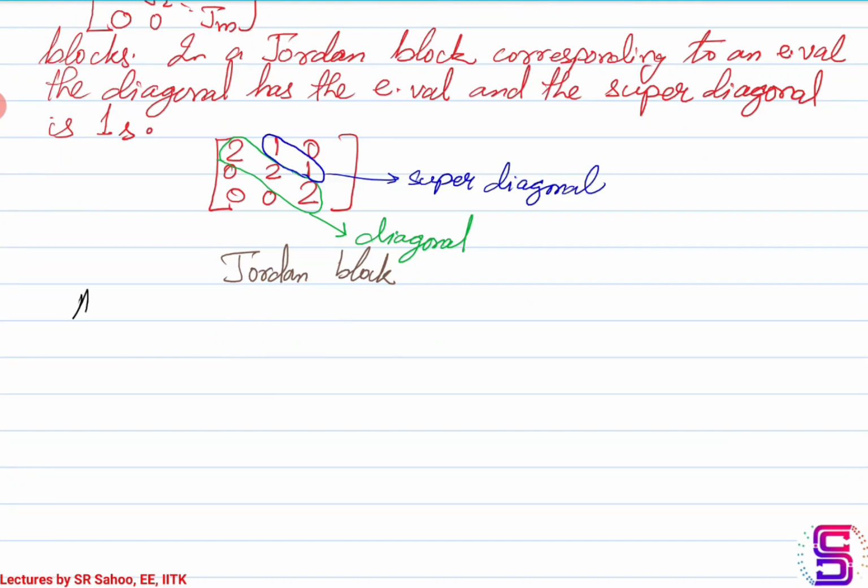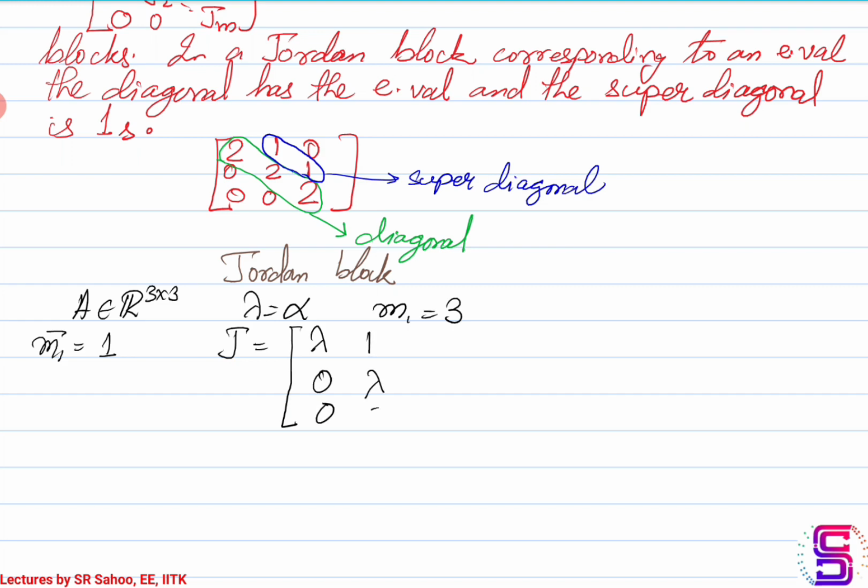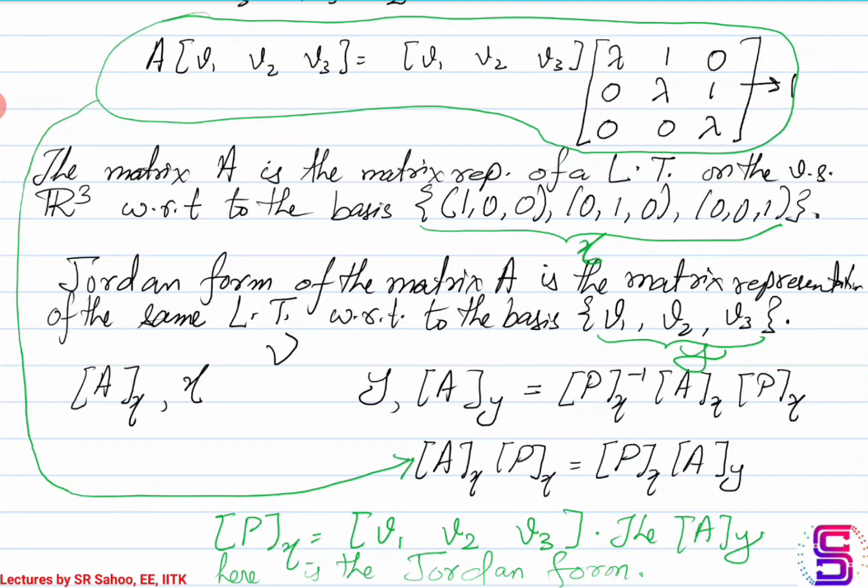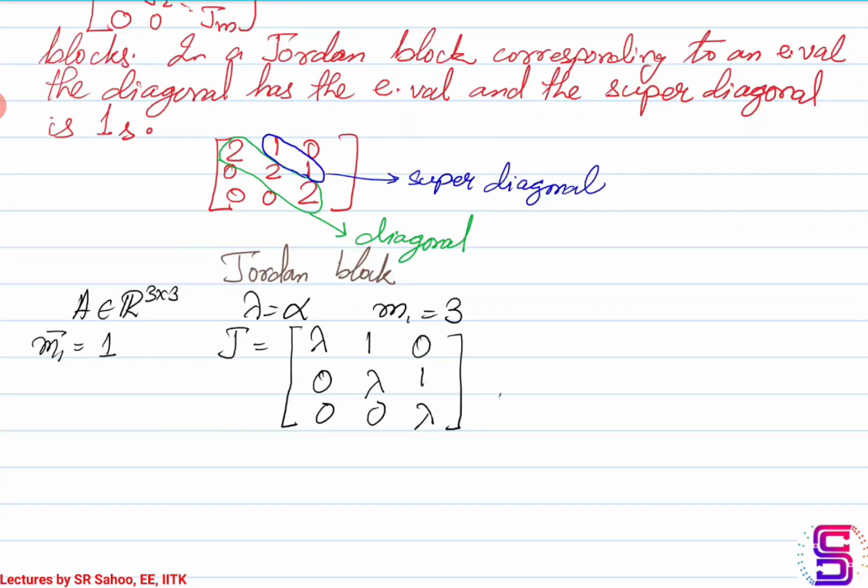So what we just saw is, in the example where A was a 3 cross 3 matrix with the eigenvalue alpha, algebraic multiplicity 3 and geometric multiplicity 1, the Jordan block came out to be of this form.